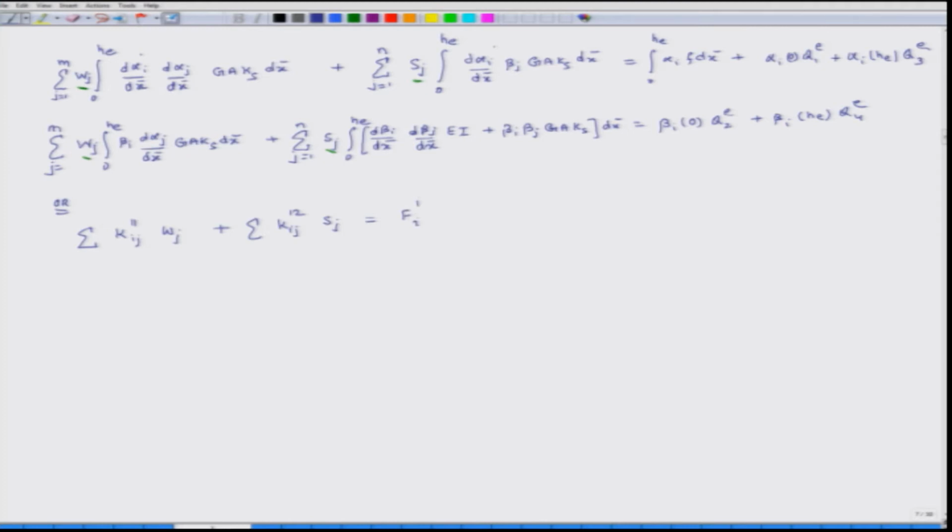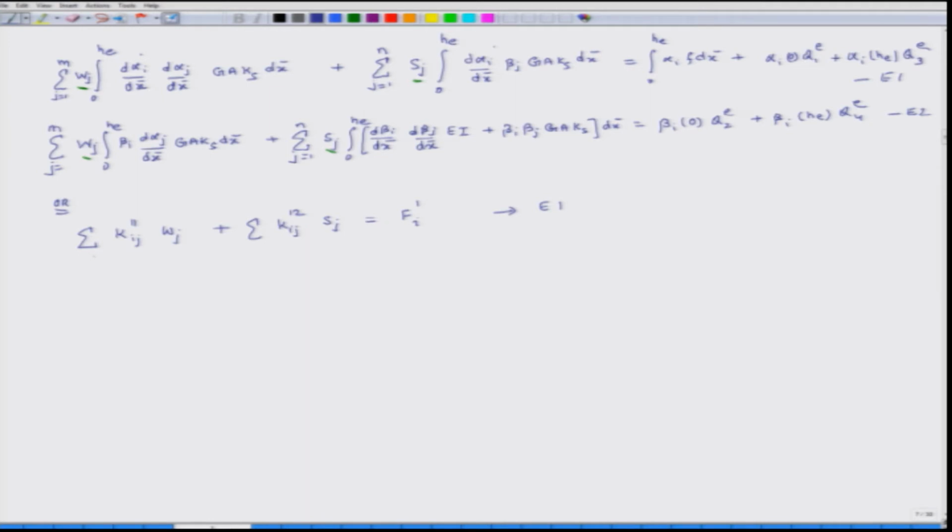This is the equation I get from E1, and I will explain the definition of K 1 1, so please bear with me.